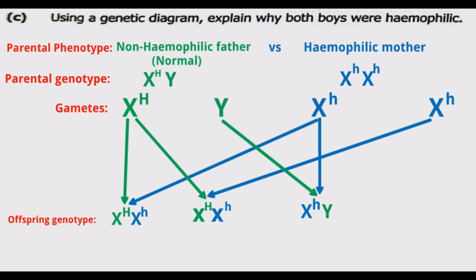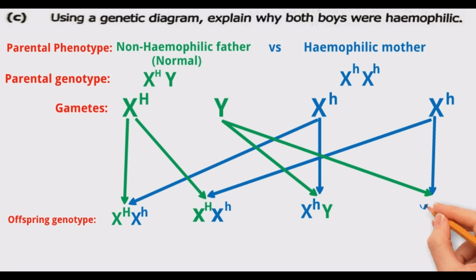Then we're going to have something like XhY. Then I draw again another arrow from Y meeting under the last Xh of the mother down here, and the other arrow coming from the Xh of the mother down here, and then I write this chromosome, which is Xh, the small letter from the mother, and Y from the father.